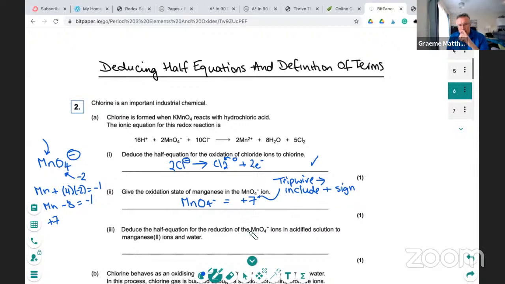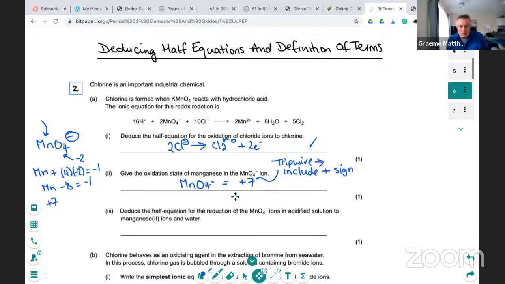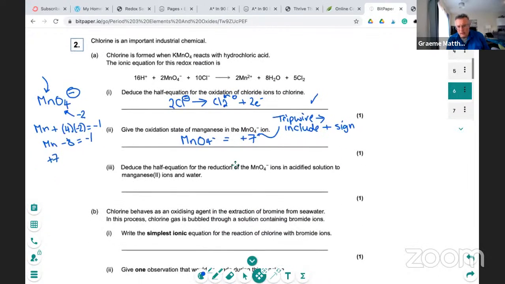All right, let's see. This one, deduce the half equation for the reduction of MnO4 minus, my permanganate ion, in acidified solution, to manganese 2 plus ions and water. All right, so hold on, scroll this up a little bit here.